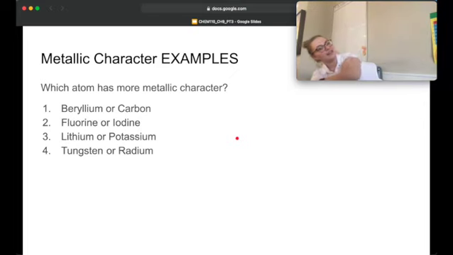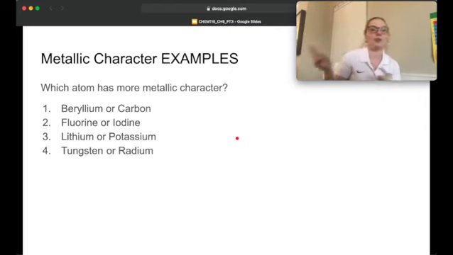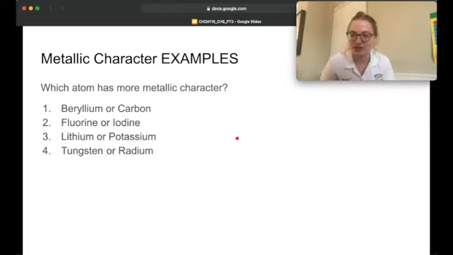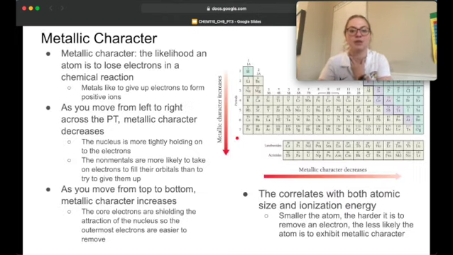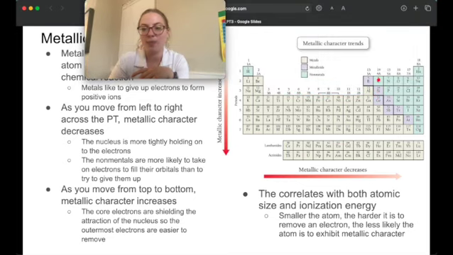All right, here we are. Example time. Again, we're just going to compare which atom has more metallic character. So you just got to know the trend so that you can compare which one has the most metallic character. All right, so we're going to look at beryllium and carbon first. Let's go back to our periodic table, and we're going to examine beryllium and carbon. So beryllium is number 4 right here. Carbon is number 6 over here, number 6 and number 4.